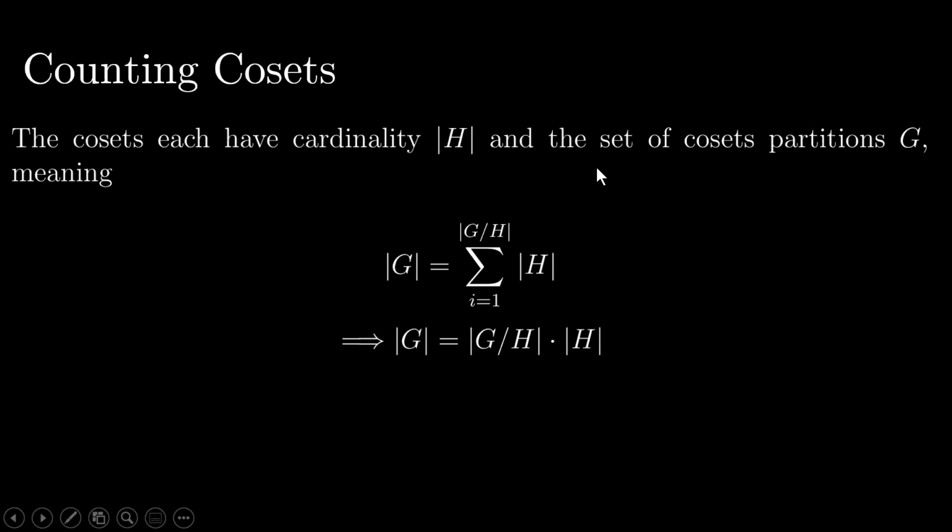And if we just divide by H on both sides, the cardinality of G/H is just G divided by H. Okay, and so actually what this means, since G/H is just the number of left cosets of H in G, is that it has to be a natural number. And so this means that the cardinality of any finite subgroup of a finite group has to divide the cardinality of the original group.